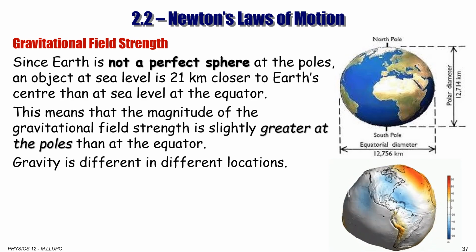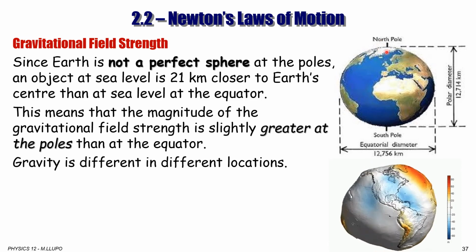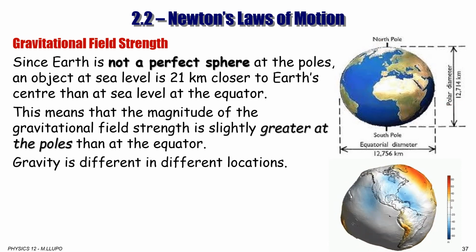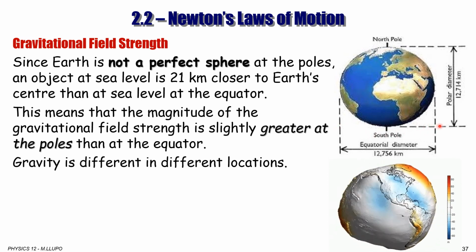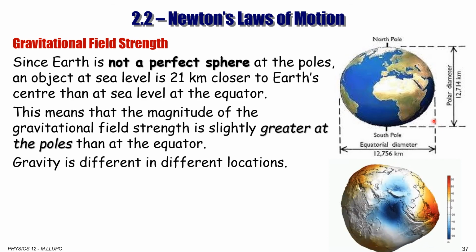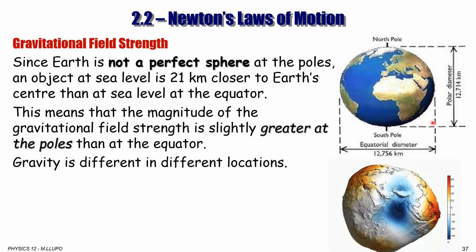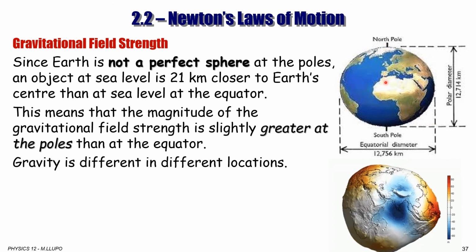So the diameter measured at the poles is 42 kilometers less than the diameter measured at the equator. So 42 divided by 2 is 21. So that's a radius 21 kilometers less from the poles to the center of the Earth.